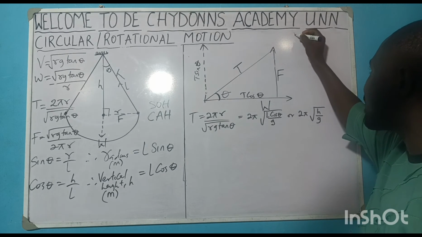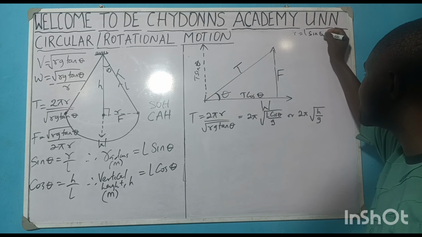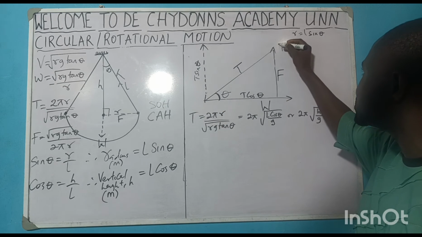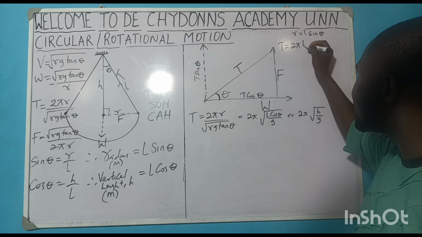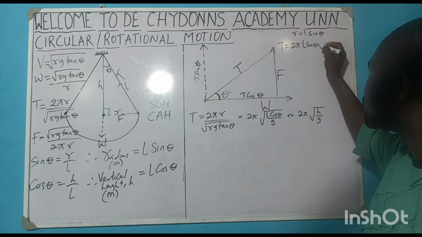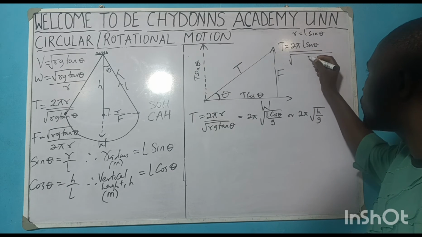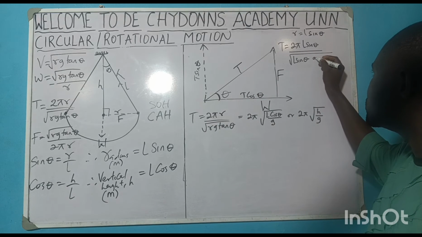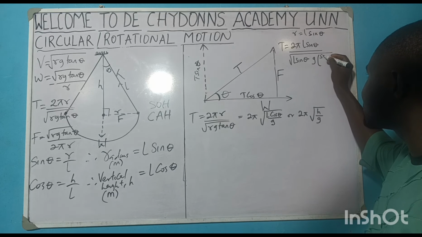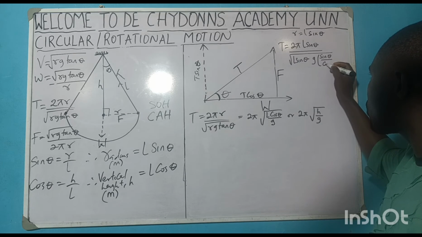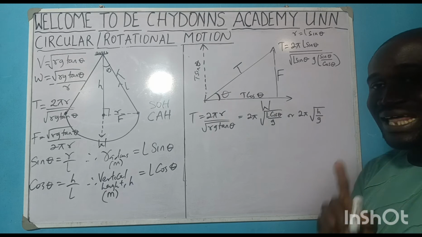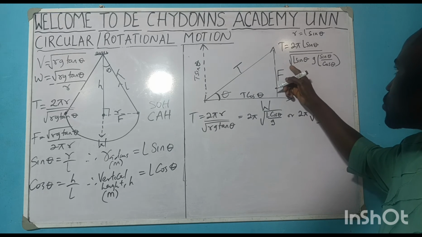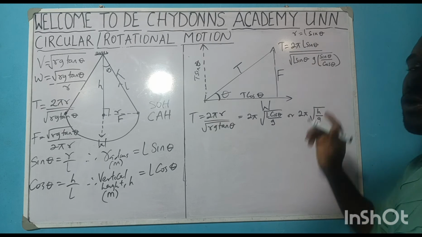We had that R is equal to L sin theta here, right? And so bringing it inside here, we'll have T equals 2 pi L sin theta divided by the square root of L sin theta, which is this R, then G times sin theta over cos theta, which is equal to tan theta. Yes. Now, as this one is in square root, this one must also be in square root, otherwise you can't sort it out.